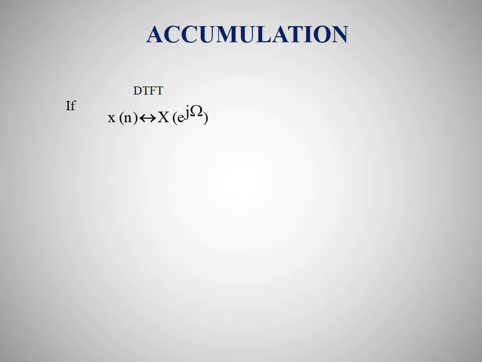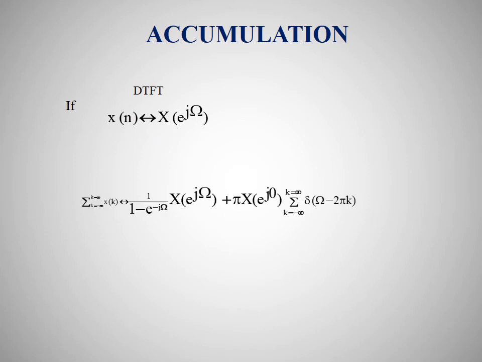If x of n and X of e^jΩ exist as a DTFT pair, then the accumulation property states summation of k equal to minus infinity to n of x of k is equivalent to 1 by 1 minus e^minus jΩ times X of e^jΩ plus π into X of e^j0 summation k equal to minus infinity to plus infinity δ of Ω minus 2πk, which is a version of the shifted impulse.